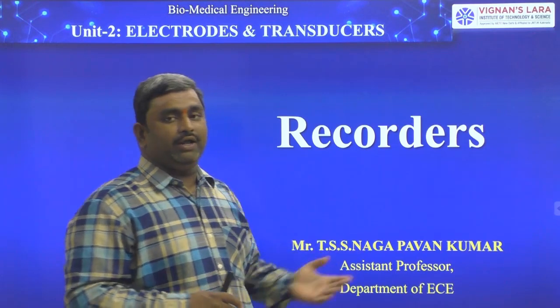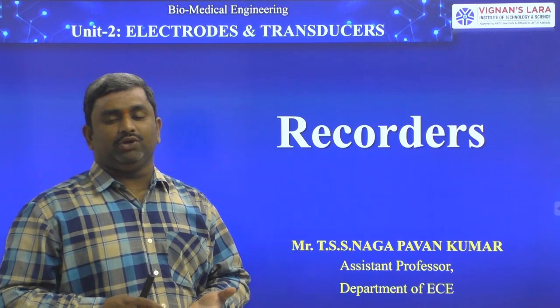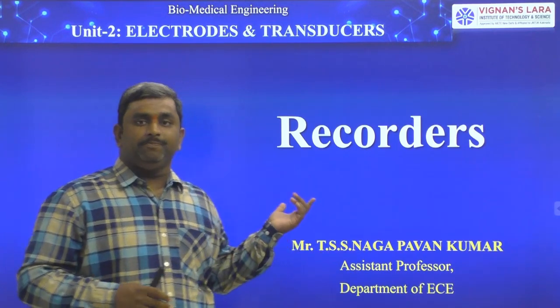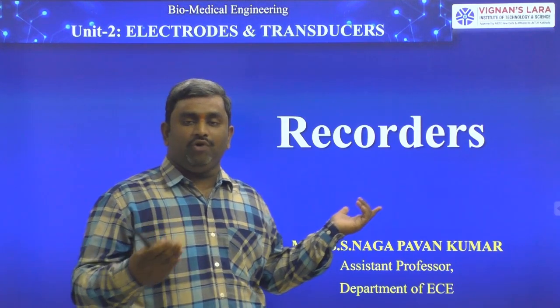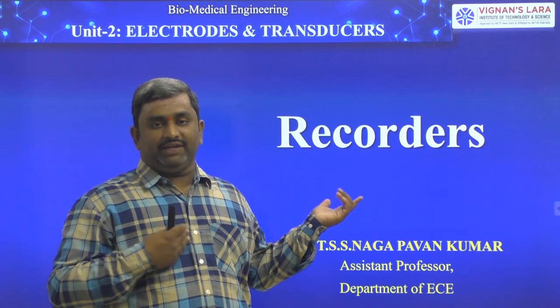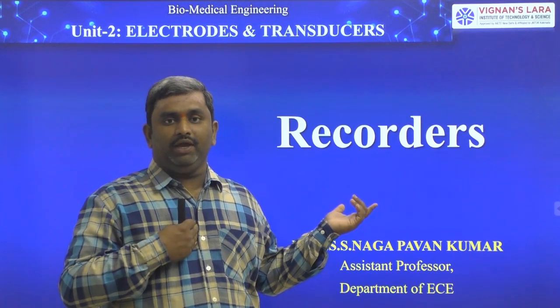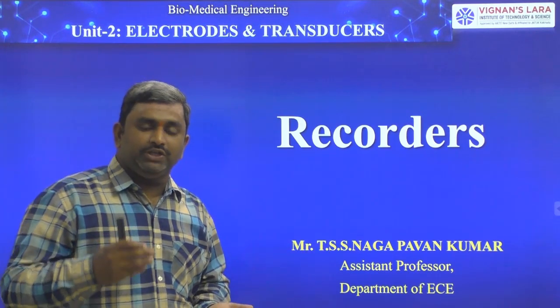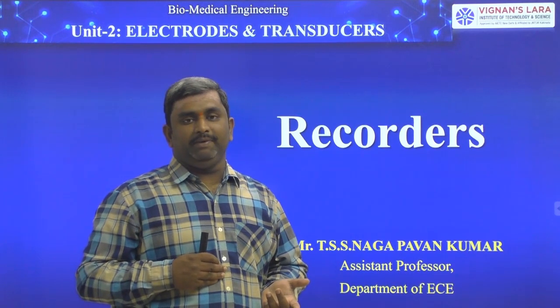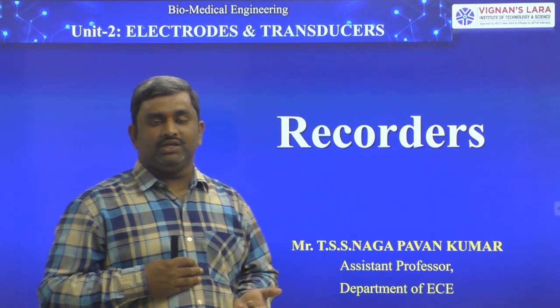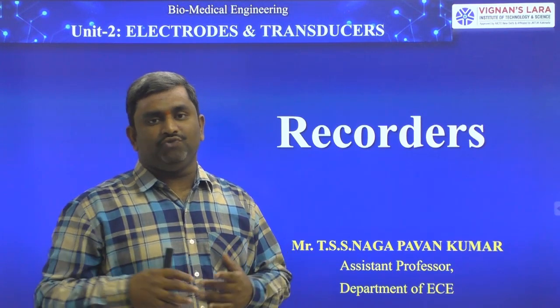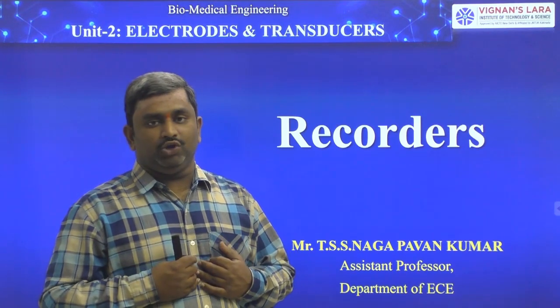So coming to the recorder. A recorder is also the same, but here it gives the information of biological behavior. For example, in our human body the resting potential is minus 70 millivolts and the action potential is plus 20 millivolts. These are the different types of voltages generated in our human body.